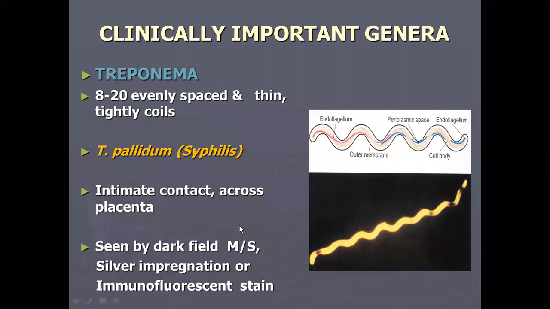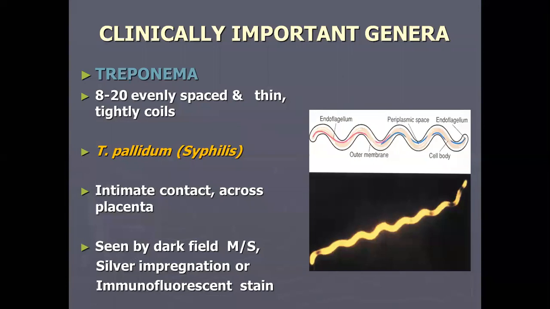Now, the organism is so small that we cannot see it under the ordinary microscope with the Gram stain procedure. So we'll have to go for what we call dark field microscopy, or we do another staining technique, what we call silver impregnation, or we can use immunofluorescence stains to see the microorganism under the microscope.